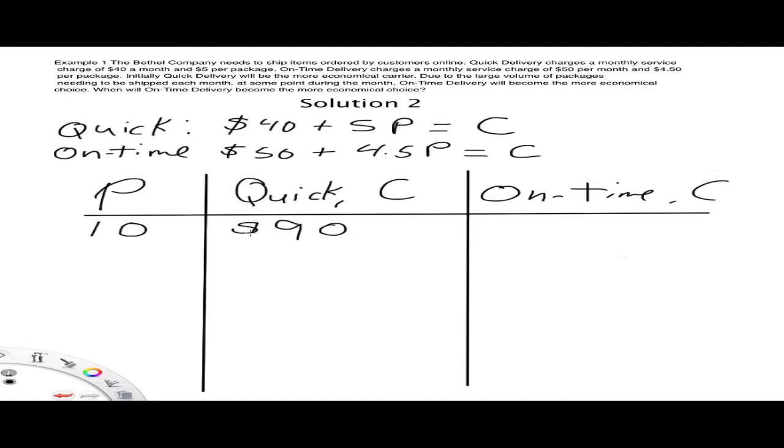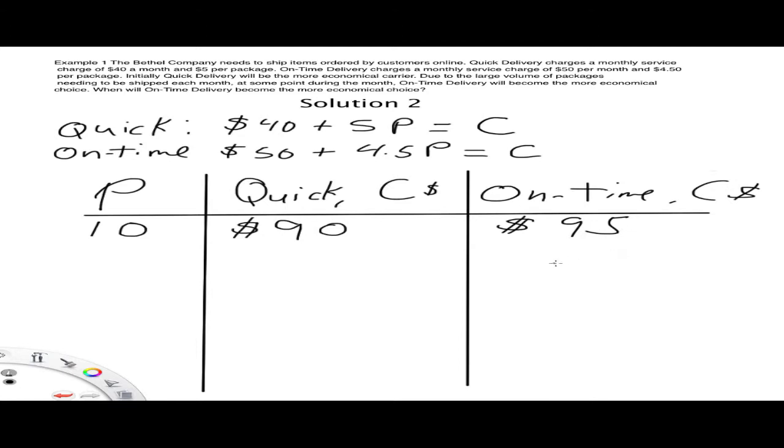So let's see, dollars, C dollars. Okay. And then for On Time, 4.5 times 10 is 45 plus 50 is $95. And I see that indeed, as expected, On Time is more expensive at 10.